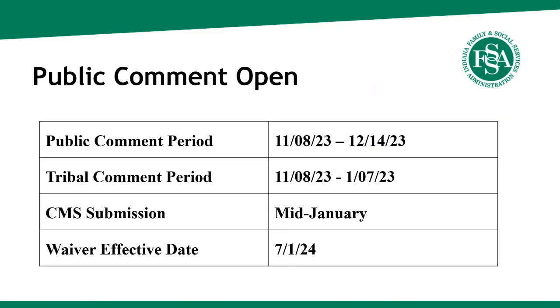Those waiver amendments have been posted for public comment as of today. The public comment period will be open from today through December 14th. In addition, there is a tribal comment period from today, November 8th, through January 7th.